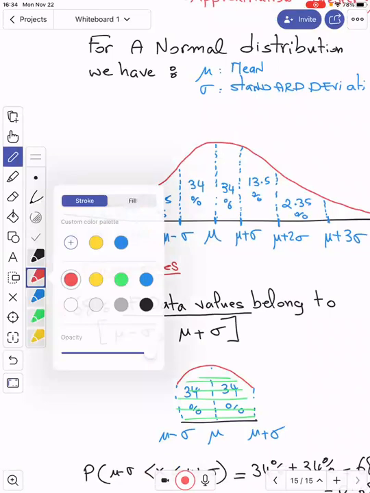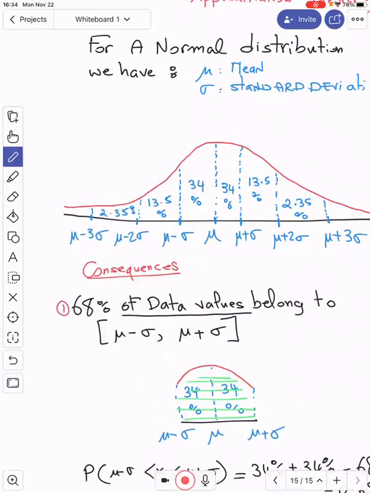Let me just say one more thing before the exercise. We also know that the mean divides your graph into 2 equal parts. The area of the region on the left of the mean will be 50%, right? And the area on the right of the mean under the graph is also 50%.